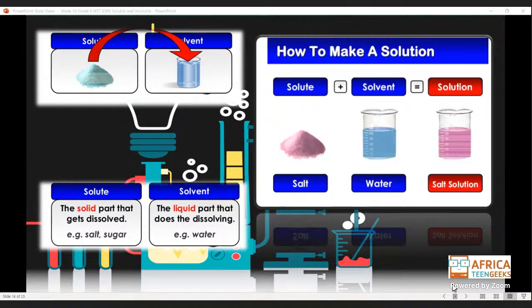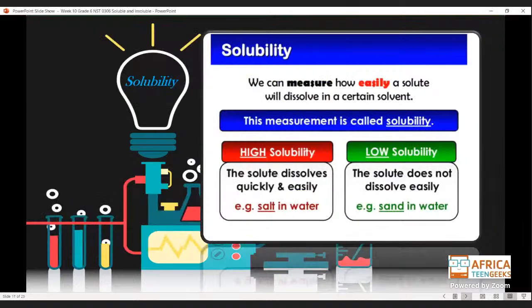Now going on to the next one, we have something we call solubility. Now, solubility, soluble tells you that something is soluble. Who can tell me, if you had to describe it in its basic form, what would you say its meaning is? I know I have the example up here, but in your own words, what would you say?